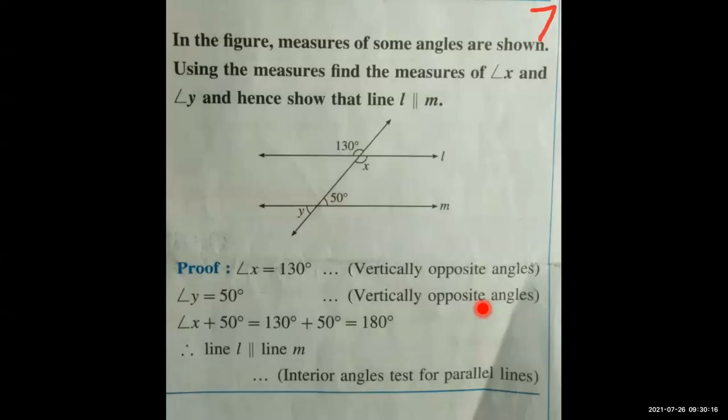Similarly, we already found it. If those two angles together measure 180 degrees, then that is the property we can use: if one pair of interior angles is supplementary, that means together they measure 180 degrees, then the two given lines are parallel to each other.